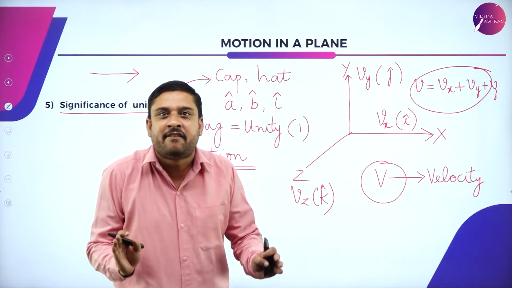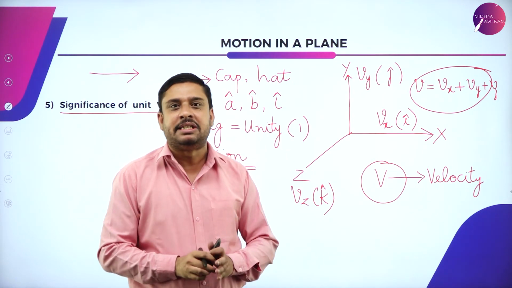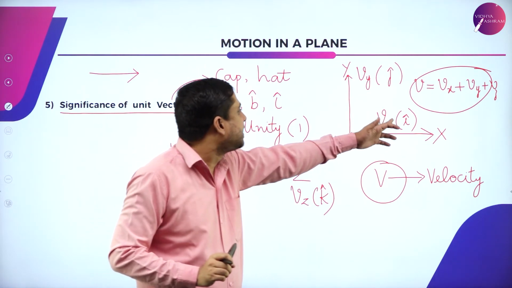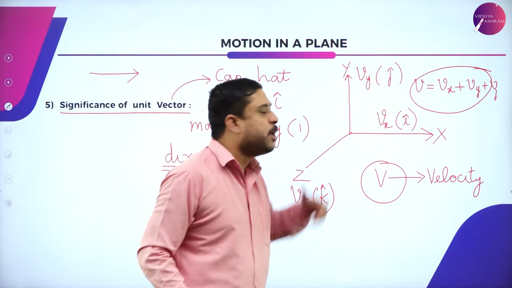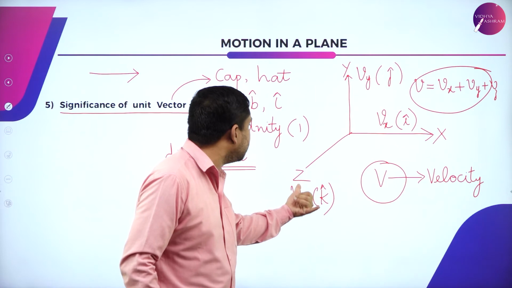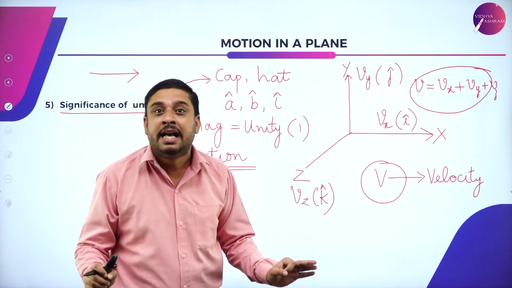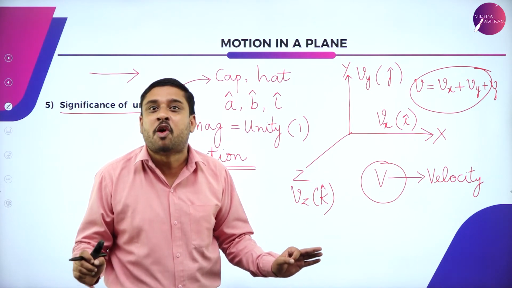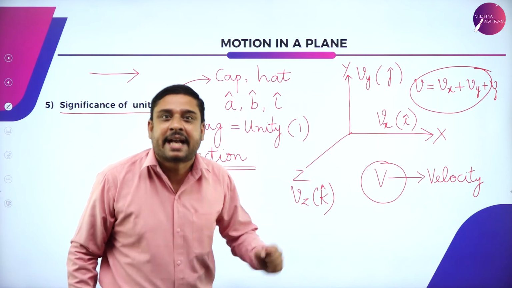The velocity v is broken into three components. Along the x-axis, Vx. Along the y-axis, Vy. Along the z-axis, Vz. And this is called resolution of vectors. Resolve, break.